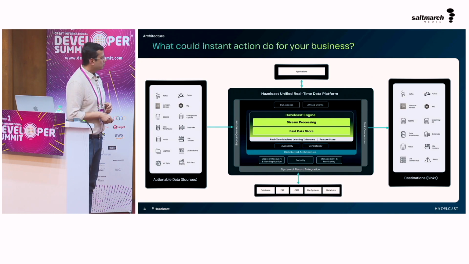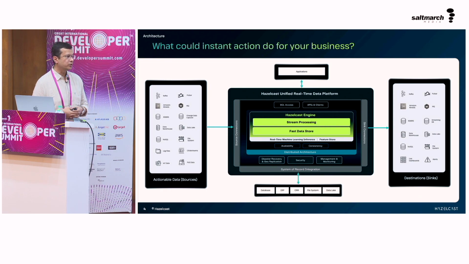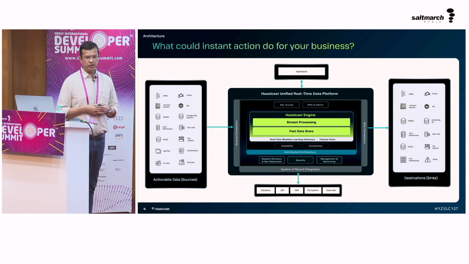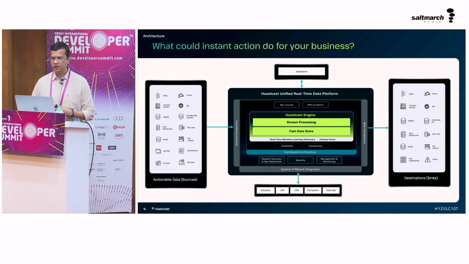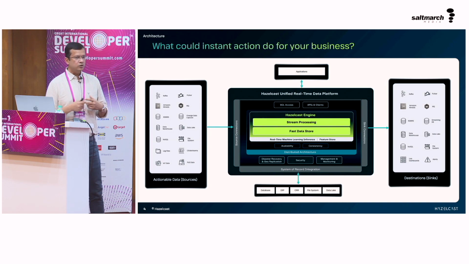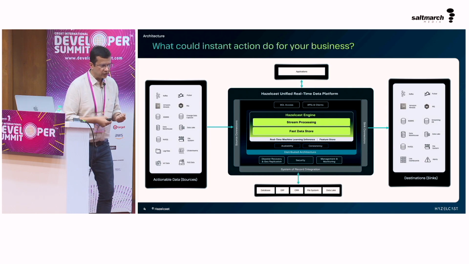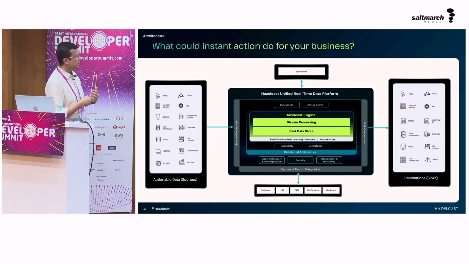But with platforms like Hazelcast, and telecoms do use them, we are able to deal with streaming data, and another stream of data could be the call events. As the call is going through, as the user is pressing a button or something like that, those are call events, and those can be acted upon.